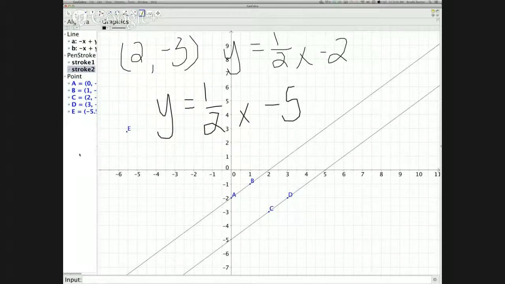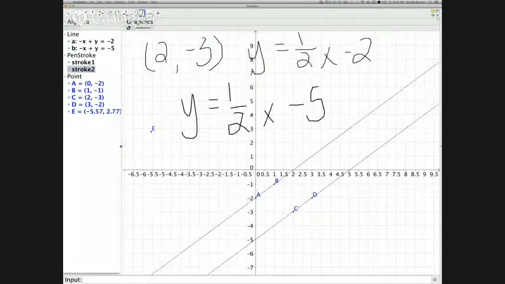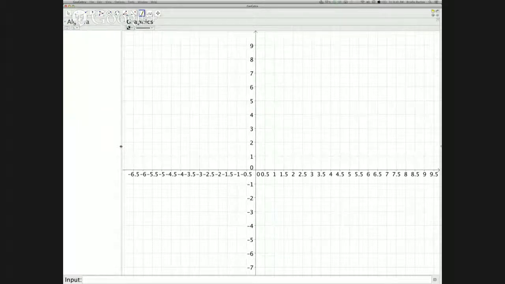Okay? And again, GeoGebra will tell you the equation of that line in standard form. You just have to check it for correctness. Okay? All right. I think personally I prefer algebraic, but we have perpendicular next.